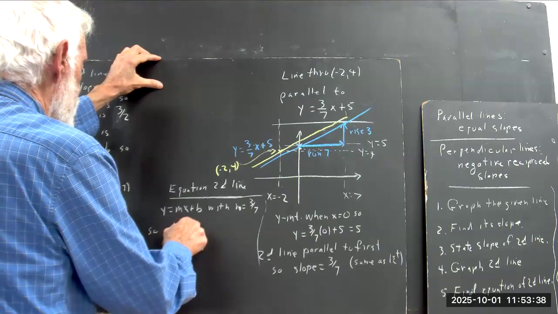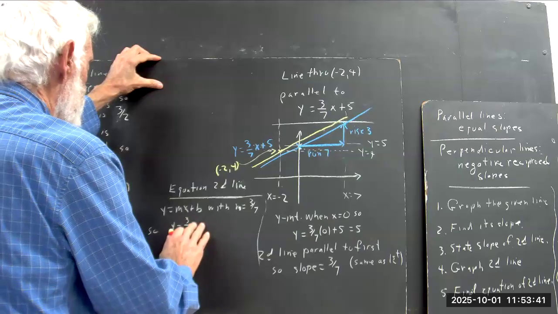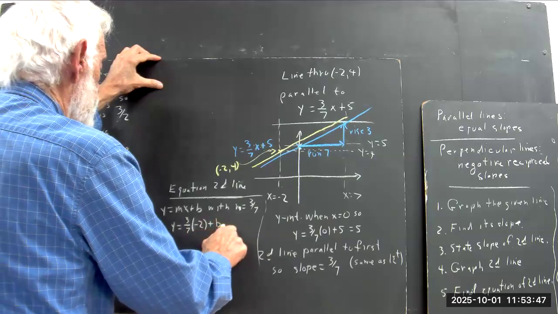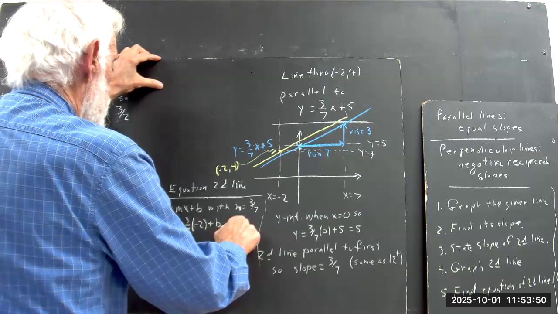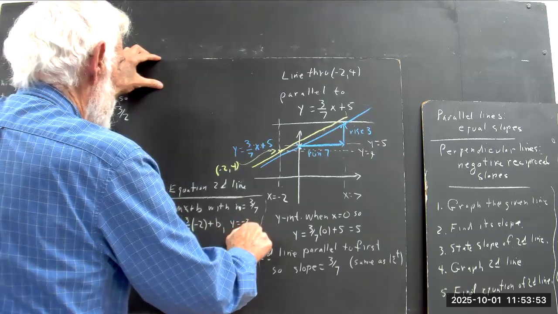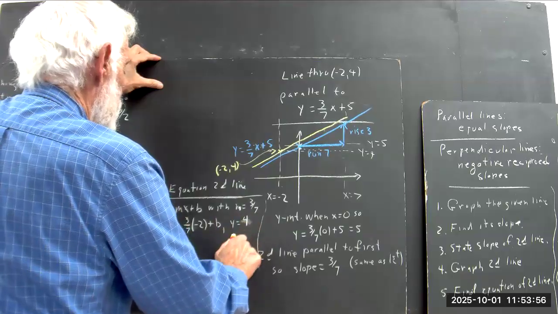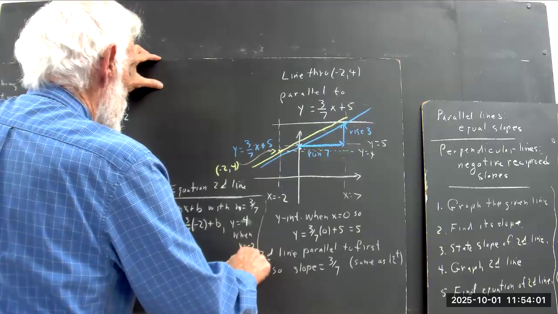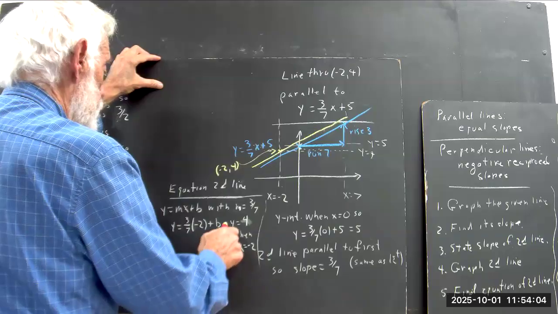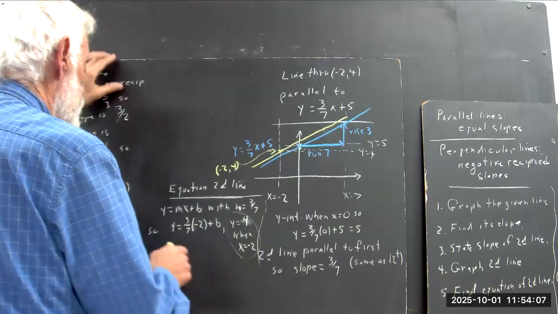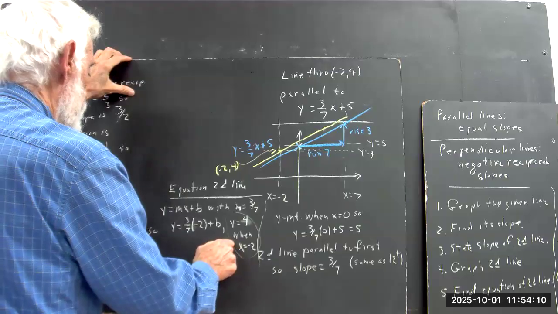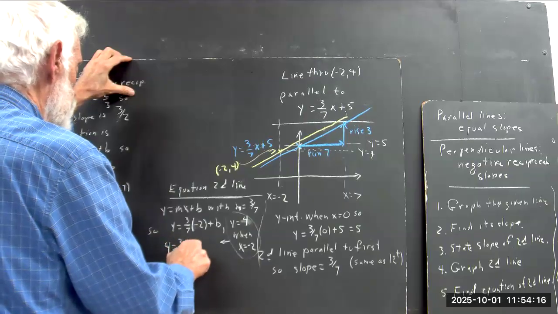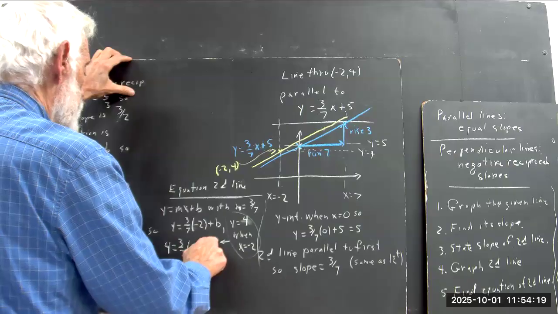So y equals 3/7 times -2 plus b, when x equals -2 and y equals 4, which gives us 4 equals 3/7 of -2 plus b.